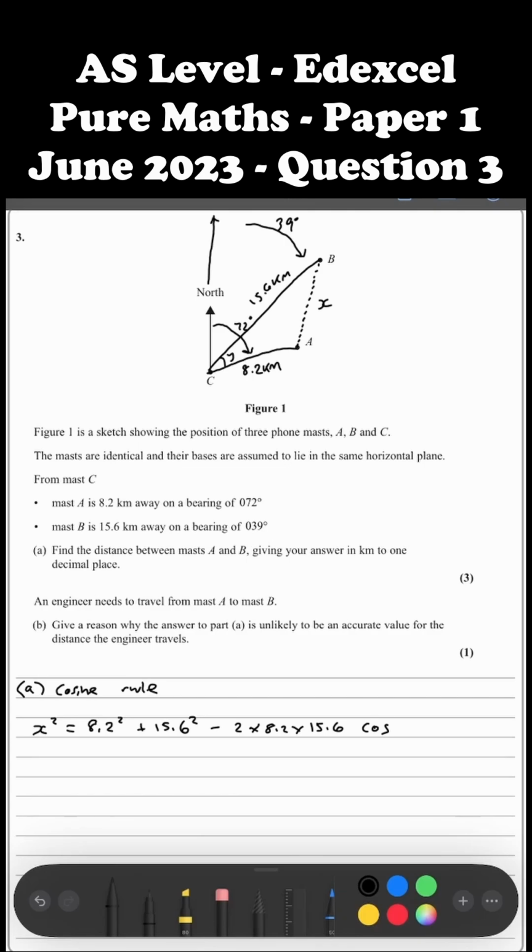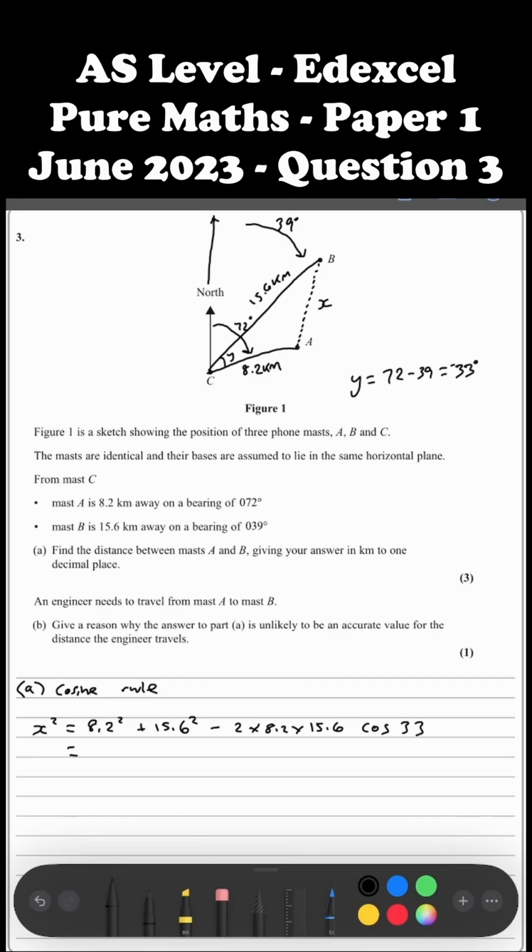We know that it's 72 degrees bearing from C to A, and it's 39 from C to B, which means angle y is just going to be 72 minus 39 degrees, which is 33 degrees, which you can see by the way I've drawn the diagram with the arrows, so cos 33.